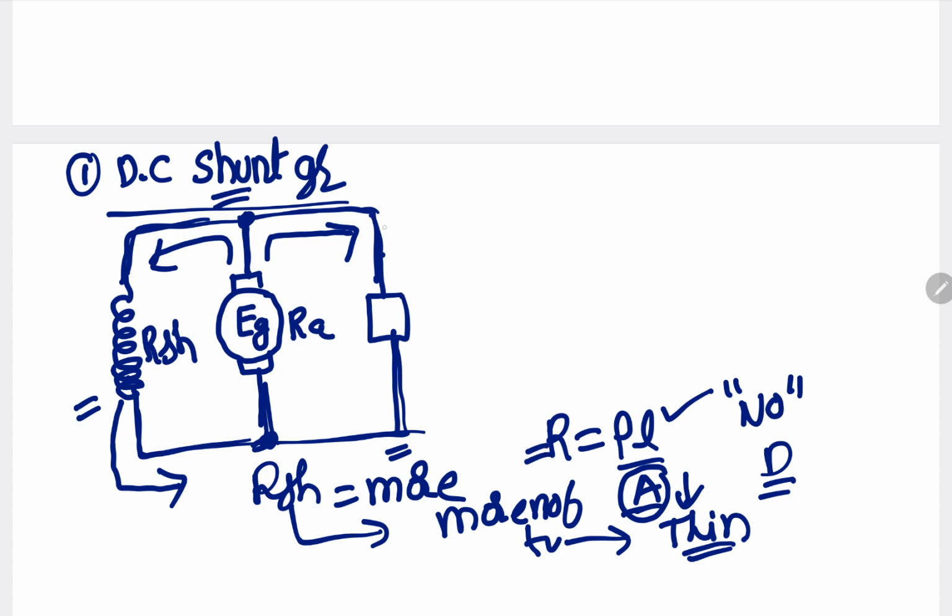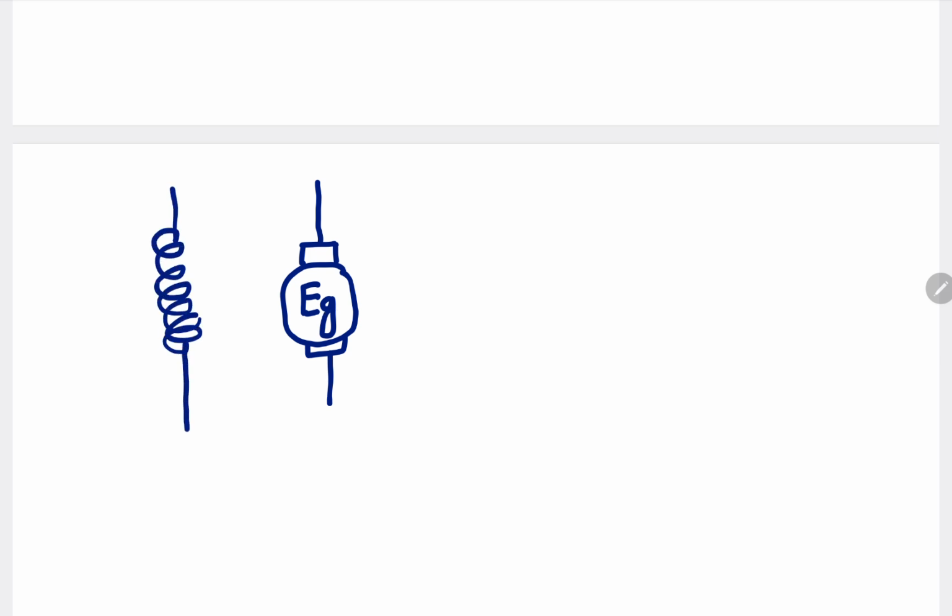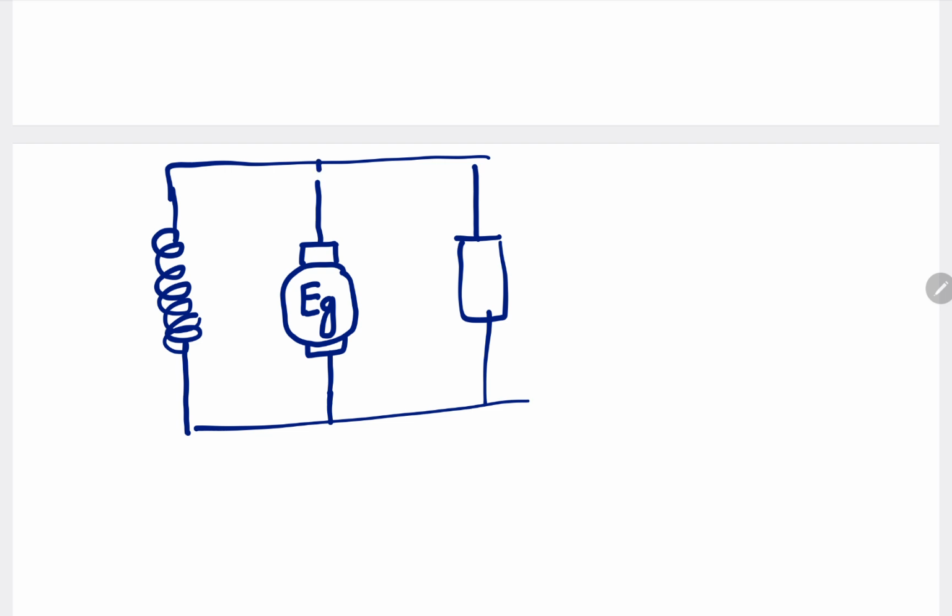Okay, so this current is load current, this current is shunt field current, and this current is nothing but armature current. Now we'll draw it again and start working with the equations. So this is the armature winding, this is EG, this is the shunt field winding, this is the load.